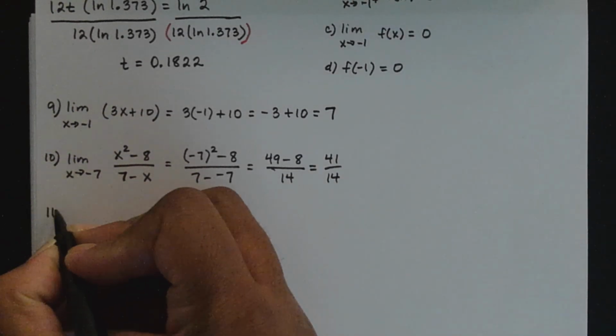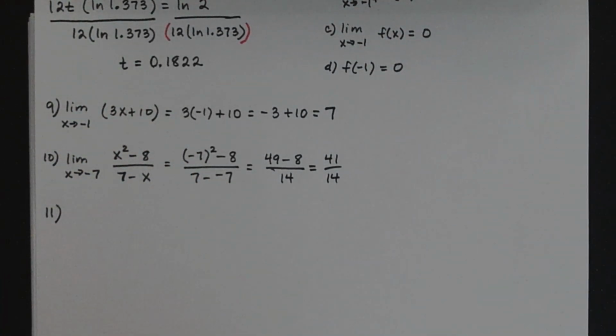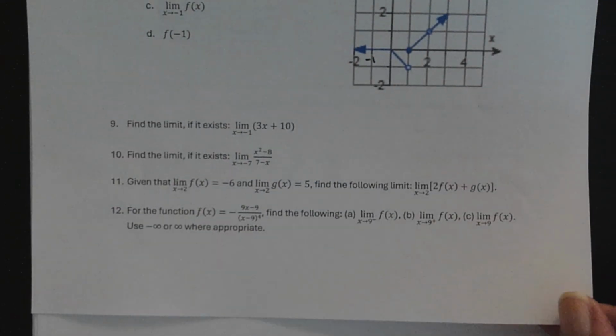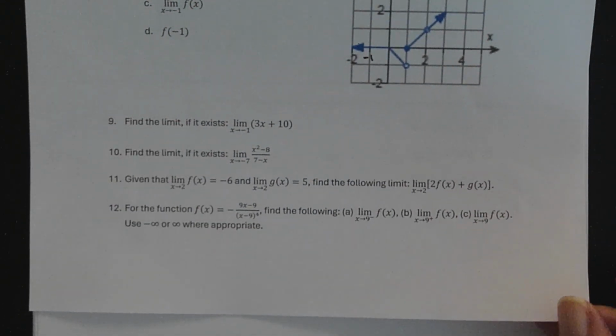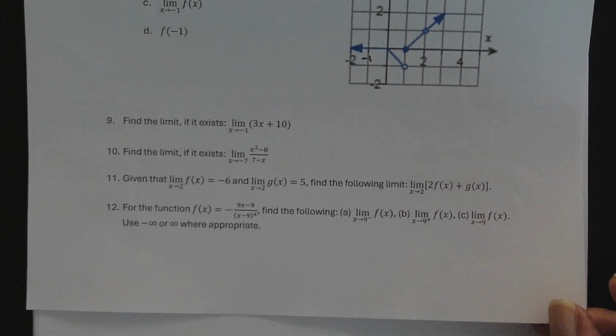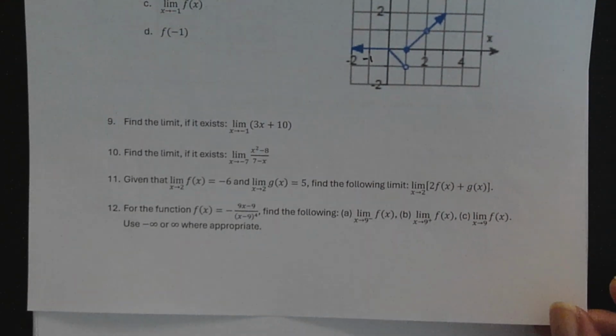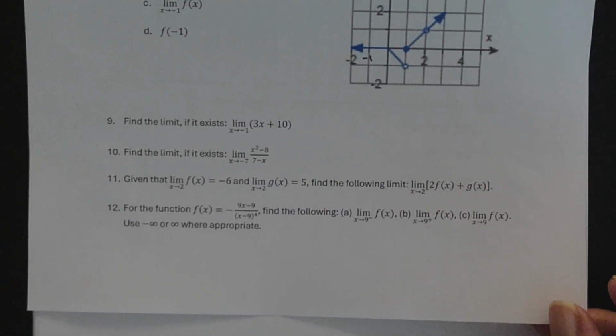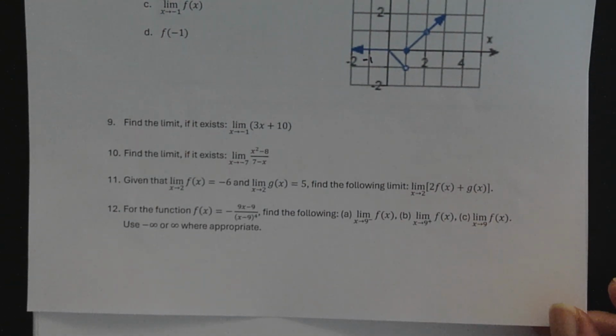All right, number 11. In number 11, we're given that the limit as x approaches 2 of f of x equals -6, and the limit as x approaches 2 of g of x is equal to 5.